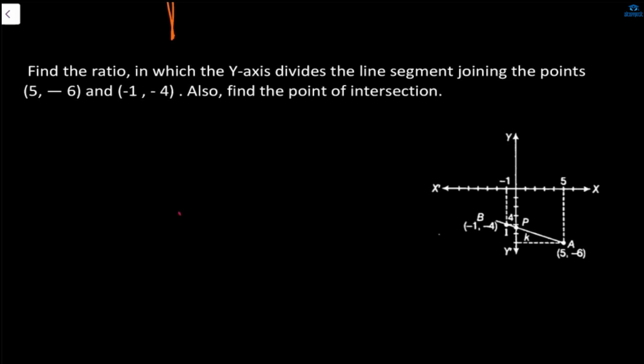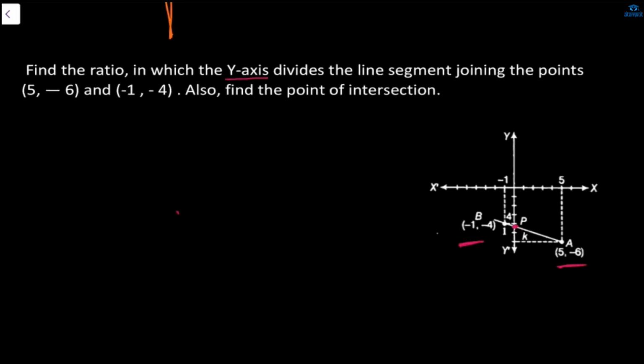Here the y-axis is dividing the line segment. Here an axis is used, not a line. The y-axis divides the line segment joining the points 5, -6 and -1, -4. So this is your A point here, 5, -6, and -1, -4, and the line segment, here you can see a P point, is dividing your line AB. Now we have to find the point of intersection, that means we have to find the value of P.